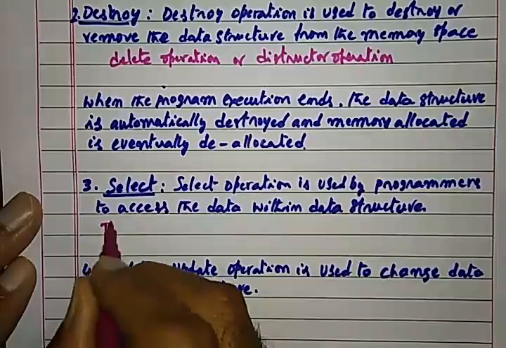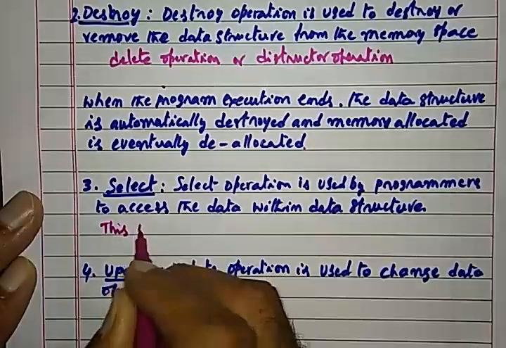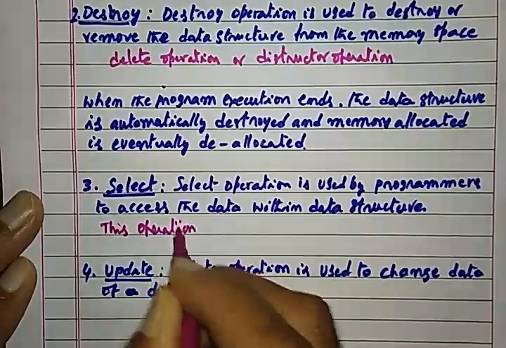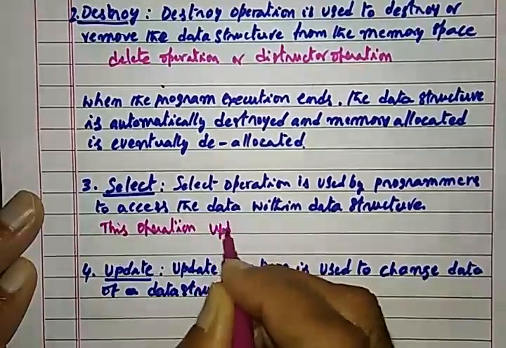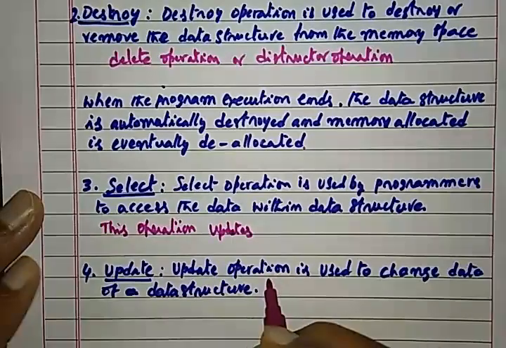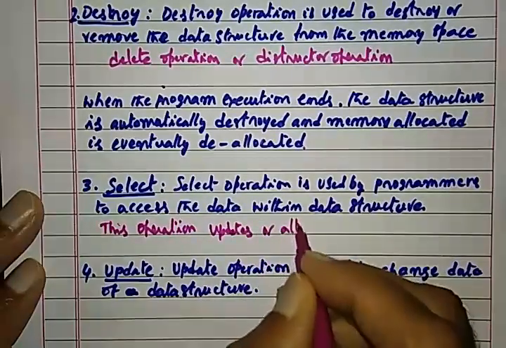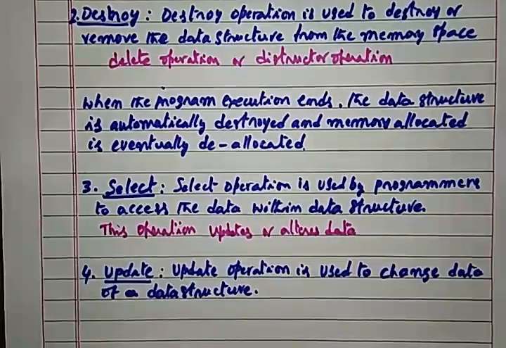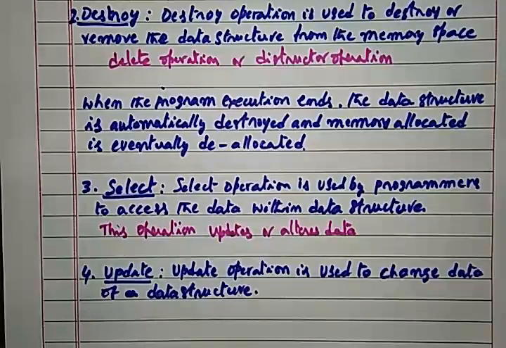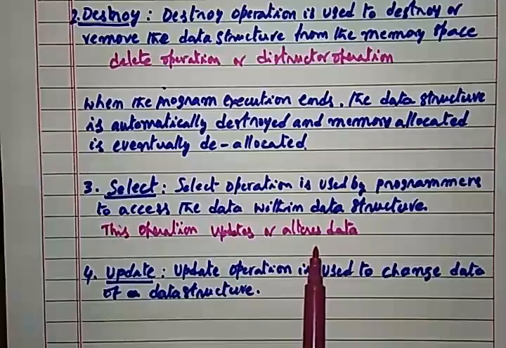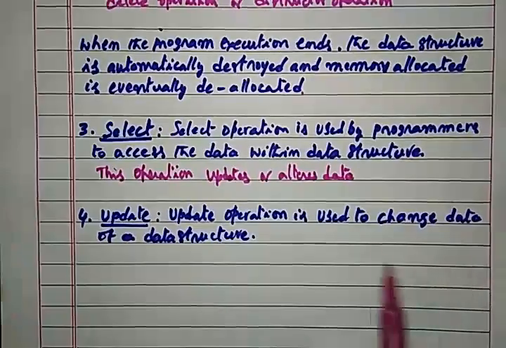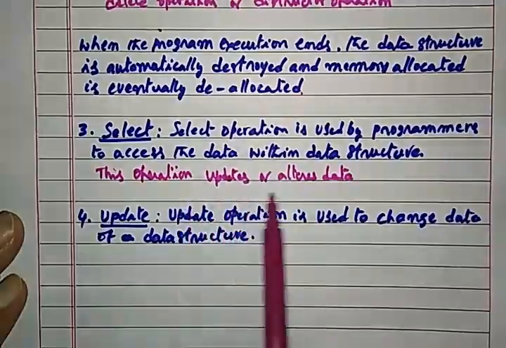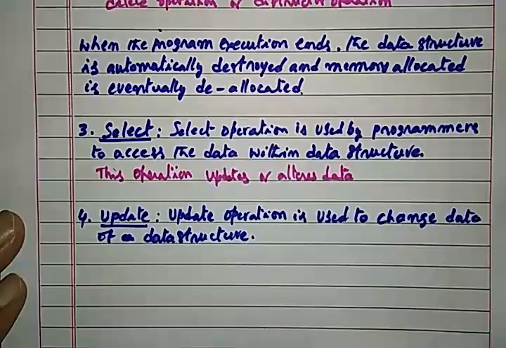This operation updates or alters data. When you access data, you have to do something. Maybe you will be updating. Suppose you are doing a multiplication, the result has to be updated. Or if you are altering some value for some reason, then that has to be done here. That is, after selecting, you will do something. Just reading it is okay, but you can do these things also. You can update or alter the data.